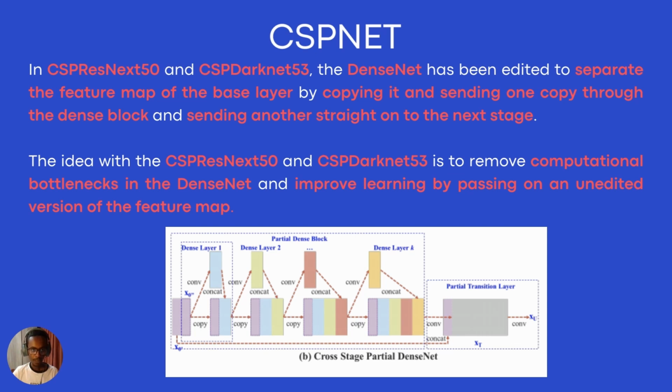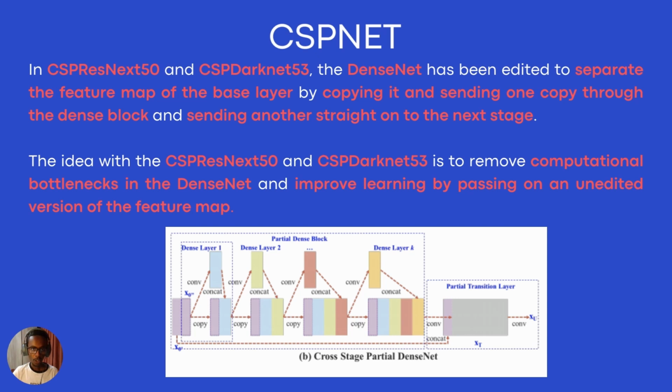So the idea with the CSP ResNext 50 and the CSP Darknet 53 is to remove the computational bottlenecks in the DenseNet and improve learning by passing on an unedited version of the feature map. So when just passing the partial component of the feature map directly to the transition layer, what they found was it improved the learning better than the DenseNet, and it removed some of the computational bottlenecks.